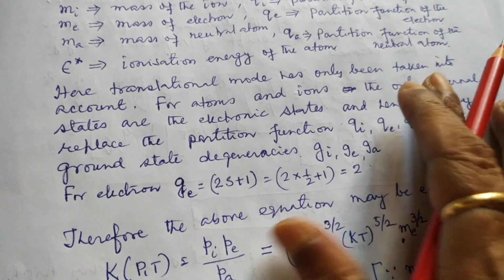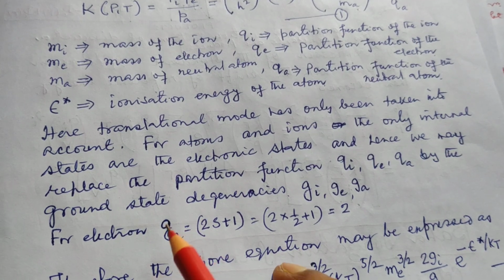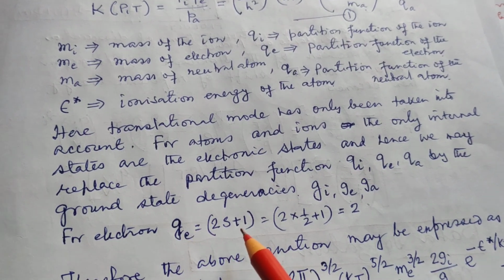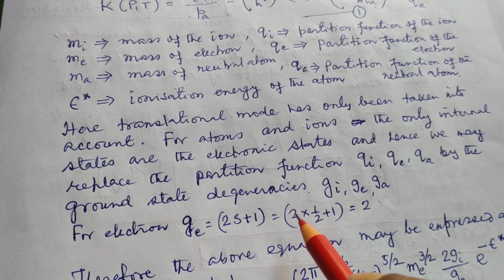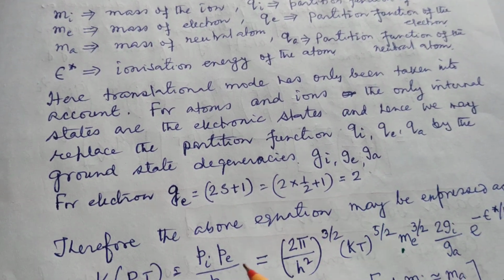Now for the electron, the ground state degeneracy Ge equals 2s plus 1. Spin equals half, therefore we get 2 into half plus 1 equals 2. So Ge equals 2.